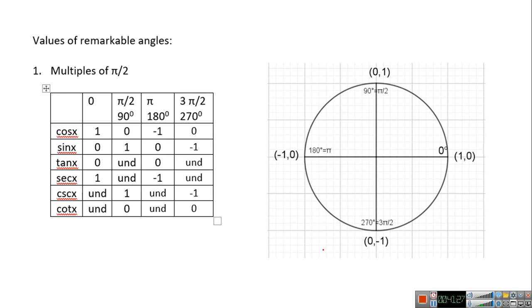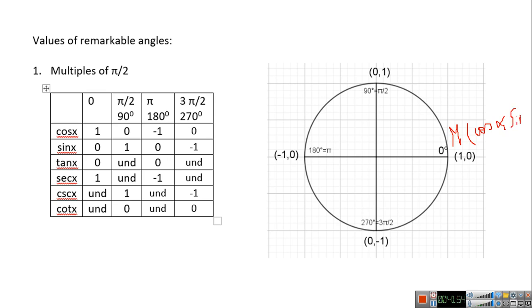Now I want to find the values of remarkable angles without the use of a calculator. Now I want to take the multiples of pi over 2. We said that a trigonometric circle is a circle whose radius is 1, and for any point M, the abscissa is cosine alpha, and the y is sine alpha.